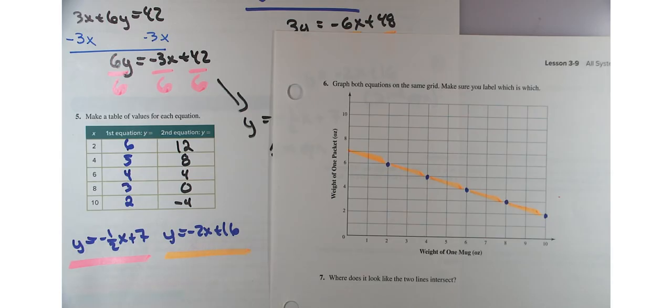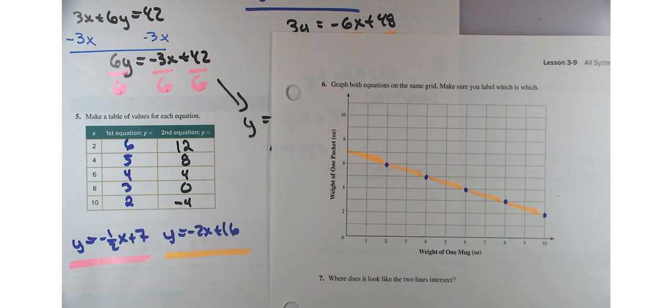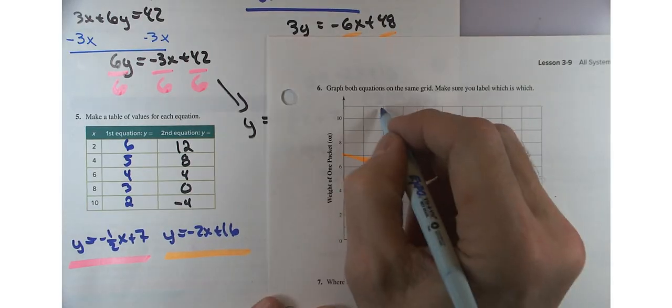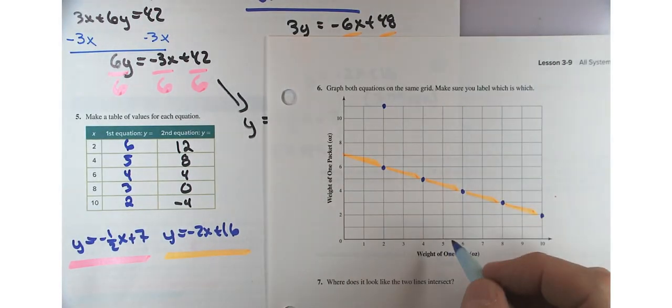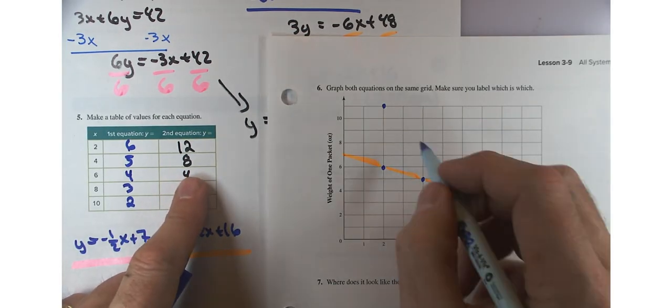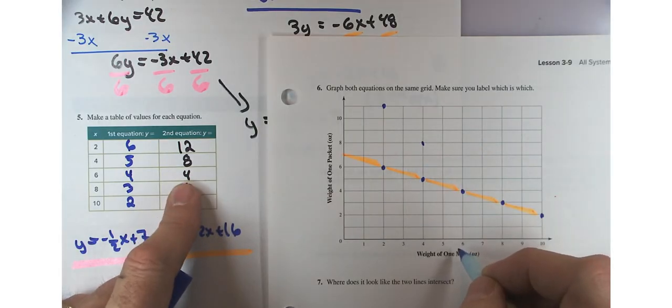We're having a little bit of a problem here with some of our graph, but that's okay. At 2, we start out at 12. So 2 is all the way up to 12. That's going to be up here. And then over at 4, we're at 8. At 6, we're at 4.